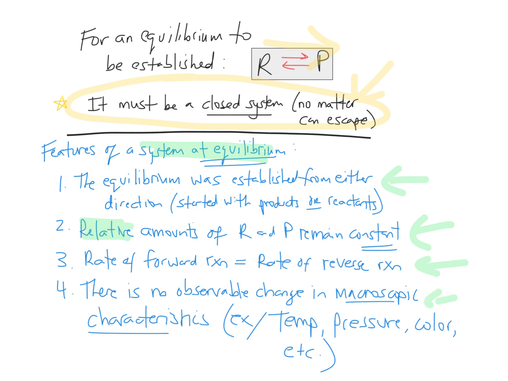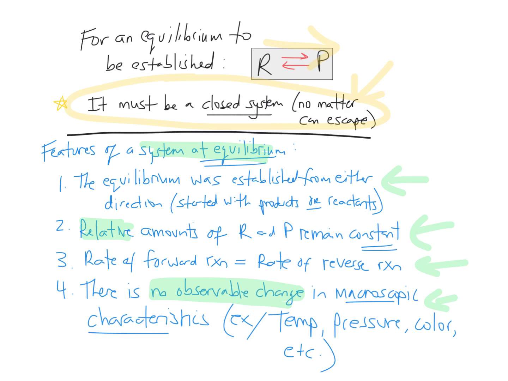And the fourth one, and this is kind of interesting, is that although the reaction continues in the forward direction and continues in the reverse direction, we see no observable changes in what we would consider the macroscopic properties, or the macroscopic characteristics of the system. In other words, we would see the temperature remain constant, we would see the pressure remain constant if there were a gas or gases involved.